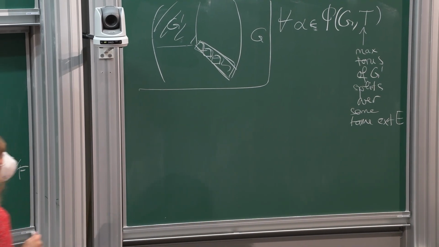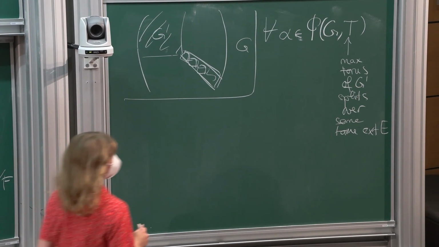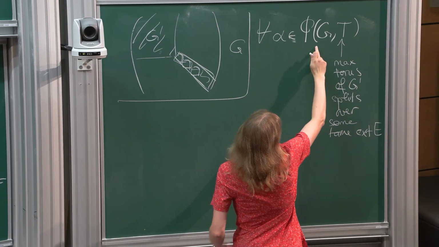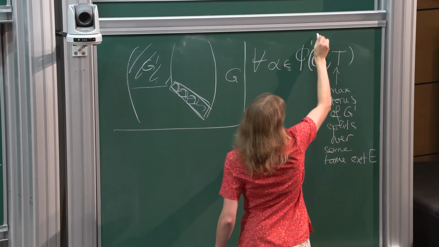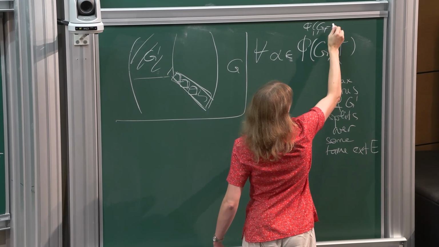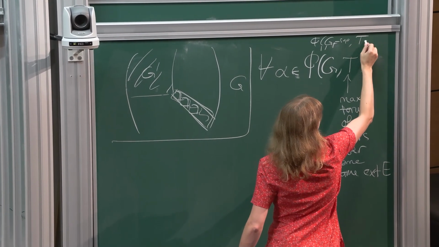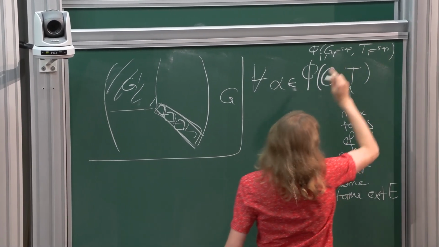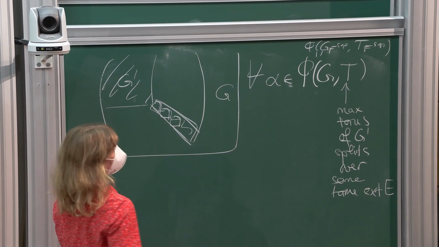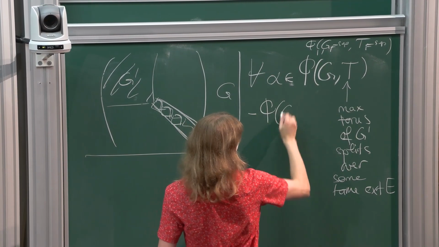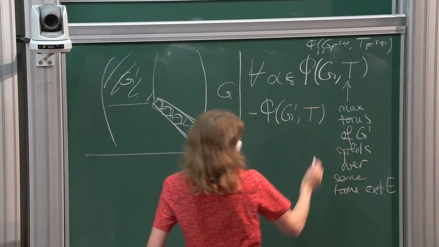Now I want the E actually here. So that's a maximal torus over which it splits. And this means absolute roots. So this means G base change to the separable closure always. So when we look at all the roots of the group G that are not roots of the group G prime.